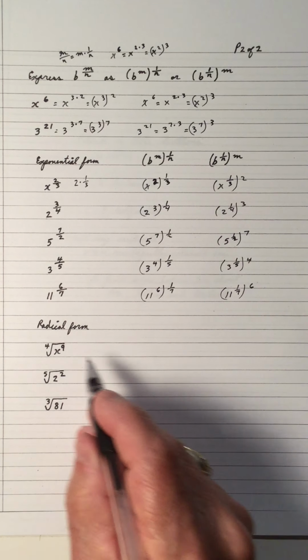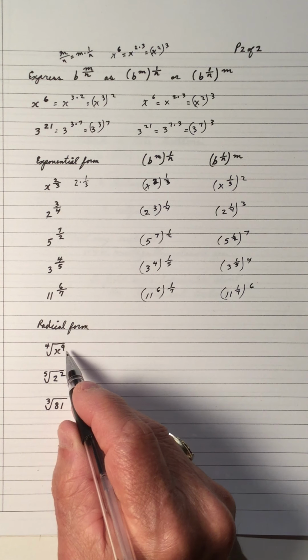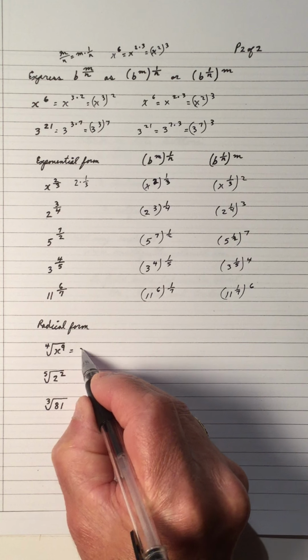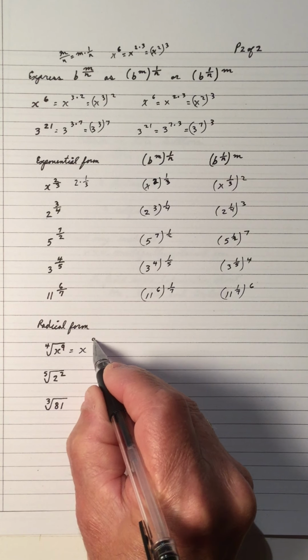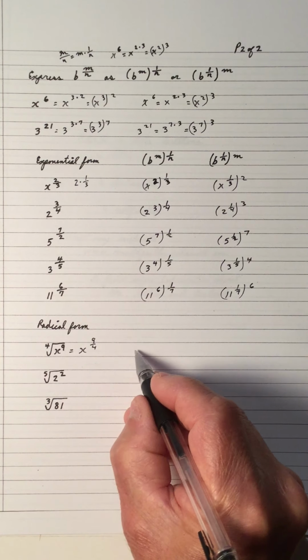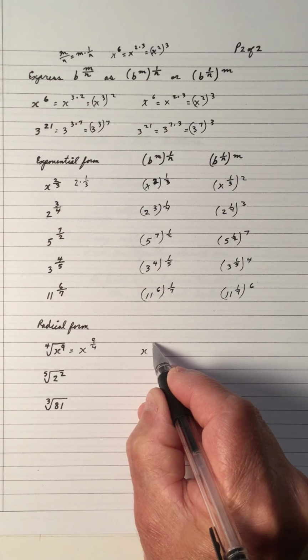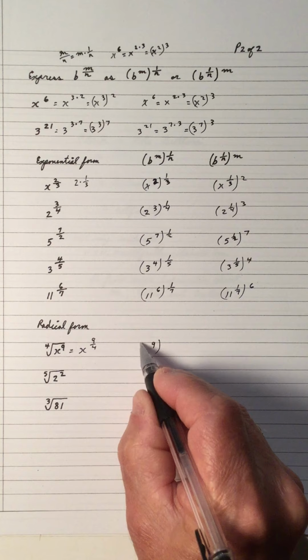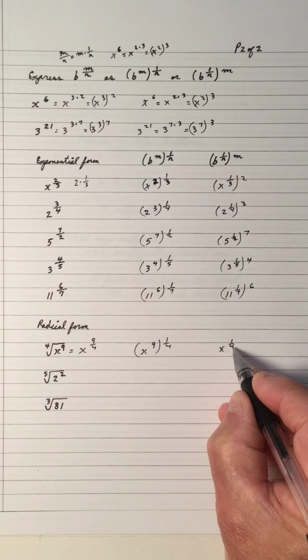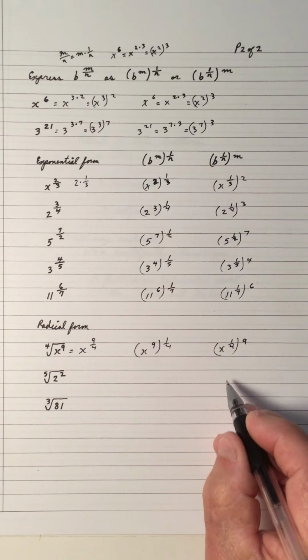And if we have a radical form, it can be rearranged like this. That's x to the 9 over 4, because your root goes at the bottom. So that's x to the 9 to the 1/4, or we can have x to the 1/4 power to the 9th power.